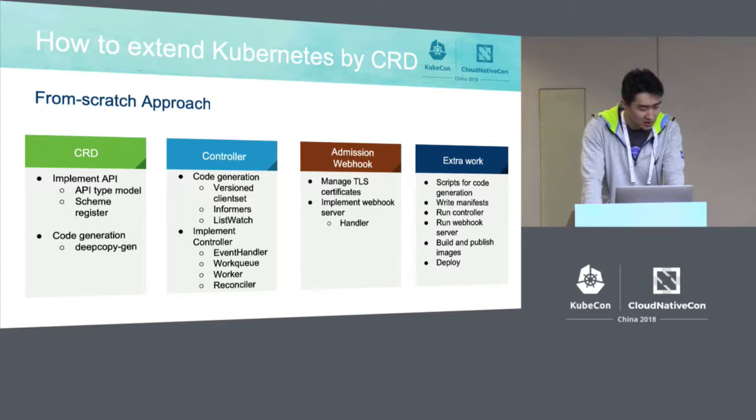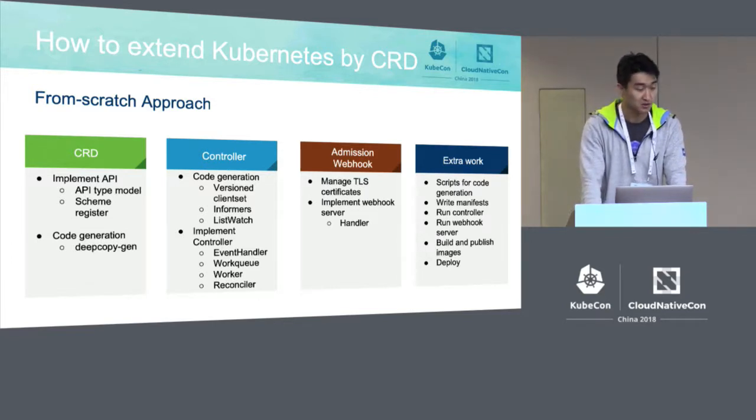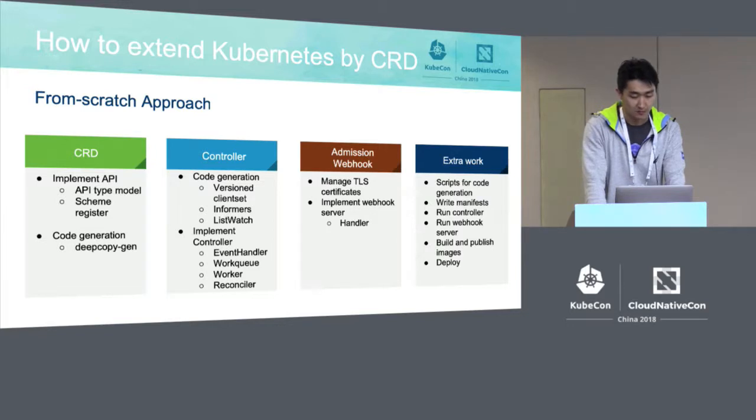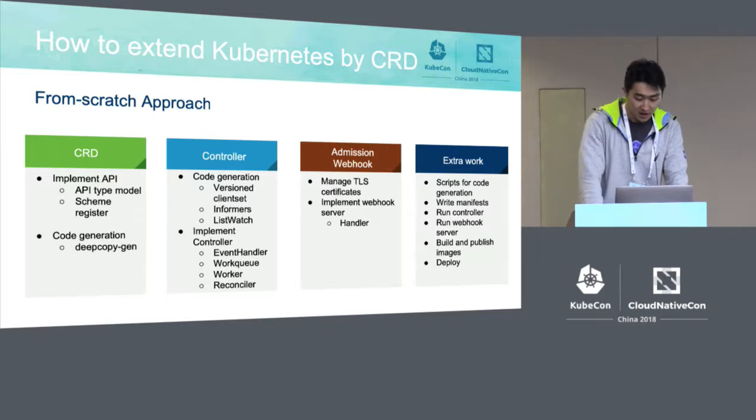Let's talk about how to extend Kubernetes by using CRD. If we choose to use the from-scratch approach, then to support all the steps of the custom resource lifecycle, the user needs to write the CRD definition, do the code generation, implement the controller and the webhook, manage the TLS, build and publish the image, and deploy them in the cluster.